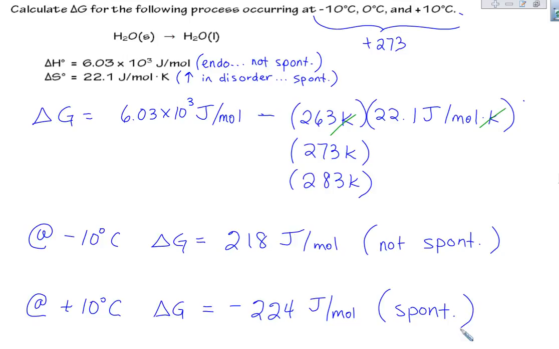Okay, so now let's do 0. I skipped this one, I guess kind of for a reason. At 0 degrees Celsius, delta G: 6.03 times 10 to the third minus 273 times 22.1. And I would get about -3.3 joules per mole.